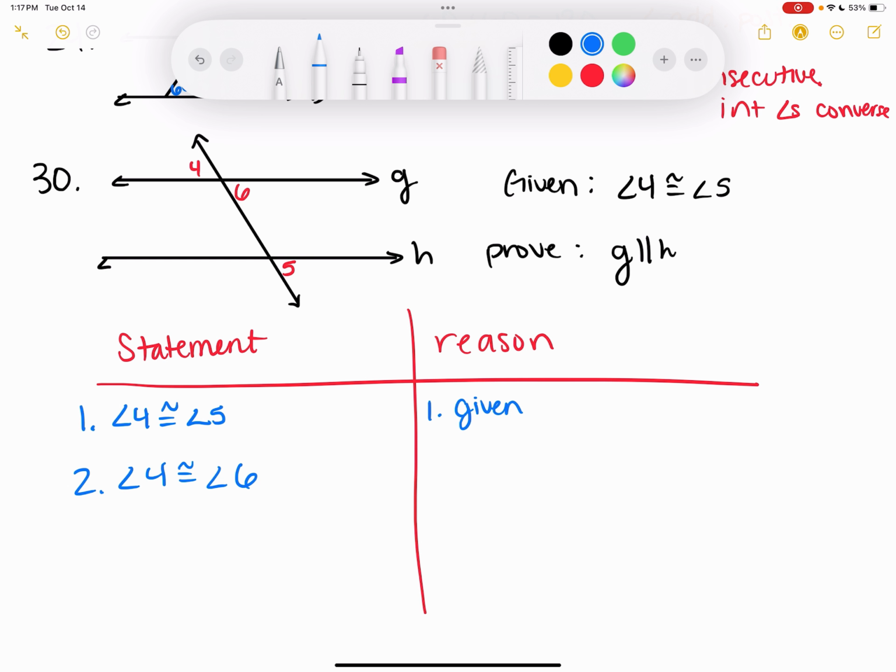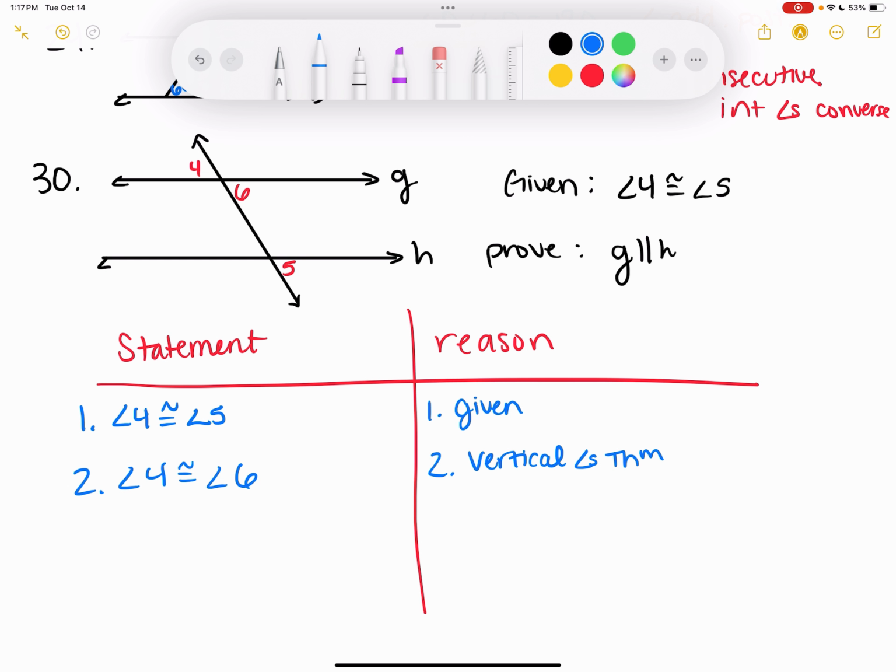If you show 5 is congruent to 6, though, you're also going to have to show that 6 and 4 is congruent. We're proving, yeah. I would do it this way with the vertical angles theorem, because otherwise you're going to have to show other pieces of information.